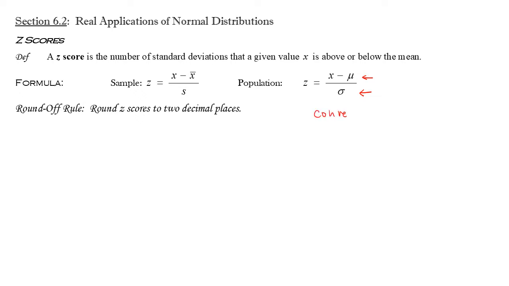So this converts values, in this case a particular x value that maybe has a different mean and standard deviation than 0 and 1, to the standard normal distribution. To round z-scores, we'll generally stick to 2 decimal places.